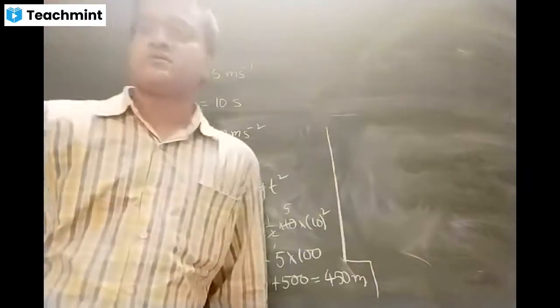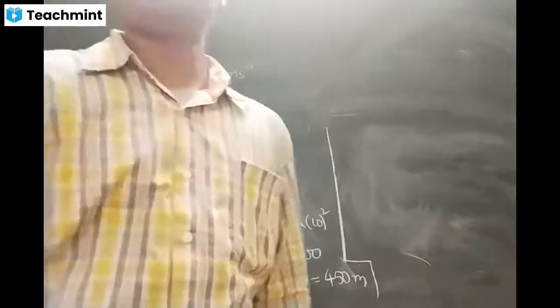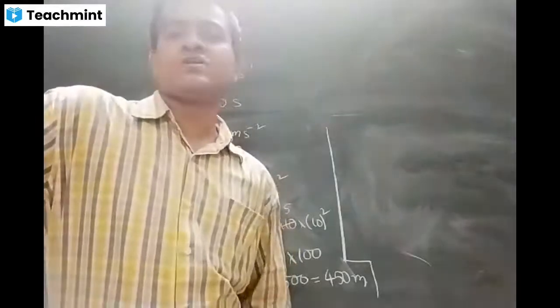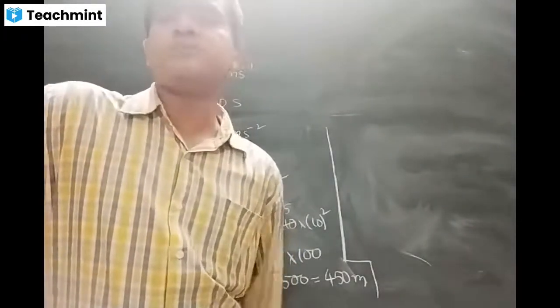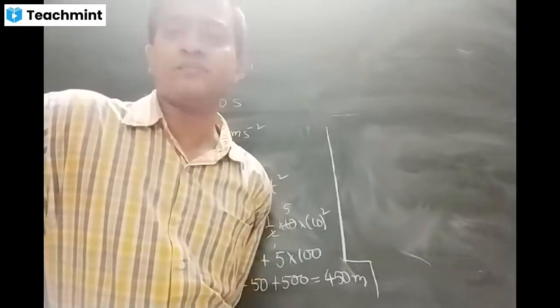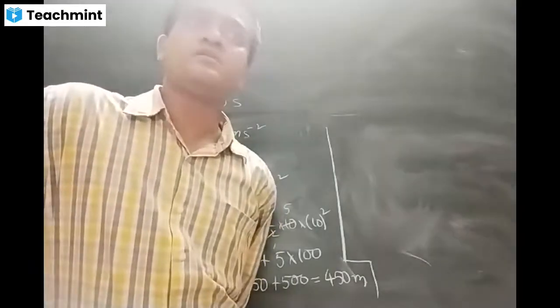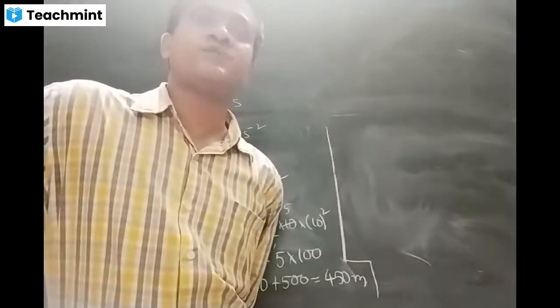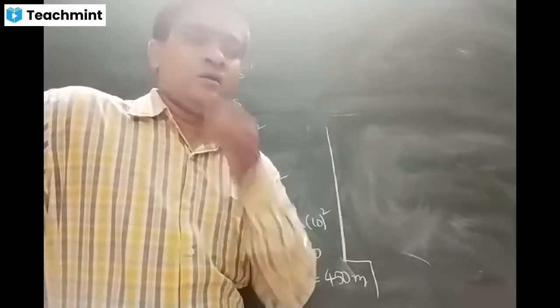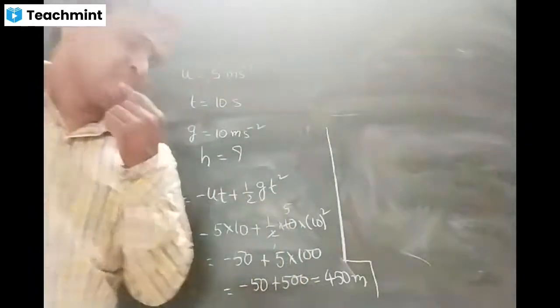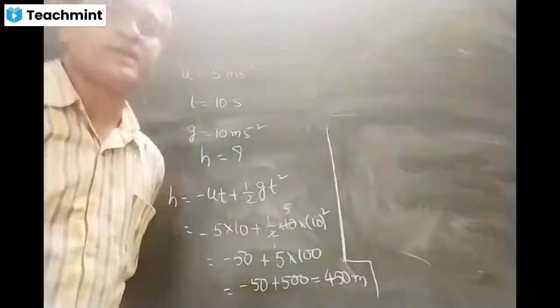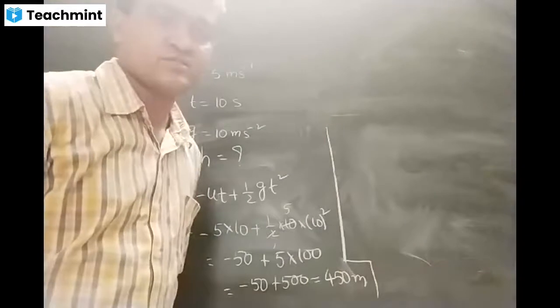Sir, please repeat the question. A particle is thrown vertically upwards with a velocity of 10 meter per second from the top of a tower of height 500 meters.